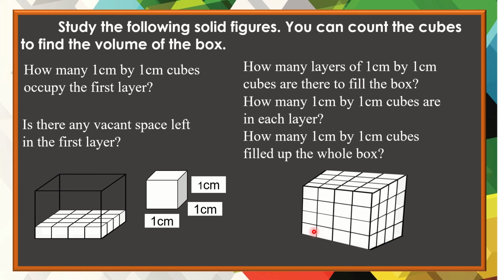So, in each layer, there is 1, 2, 3, 4. 4 times 4, so that would be 16. So, the first layer is 16, plus another 16 here, plus another 16, plus another 16.